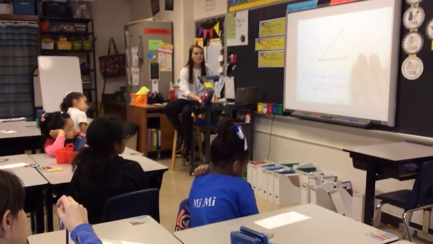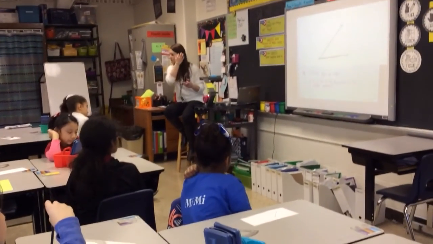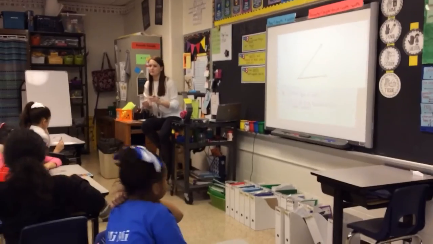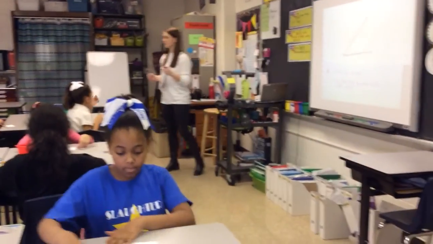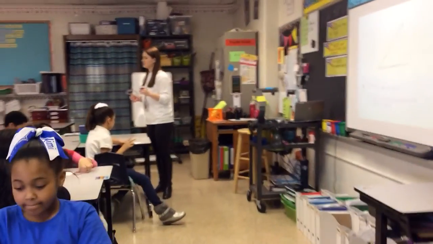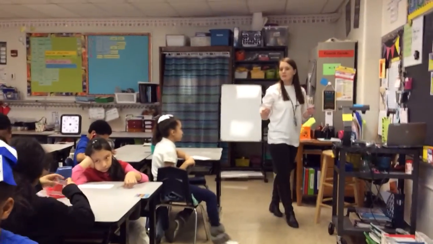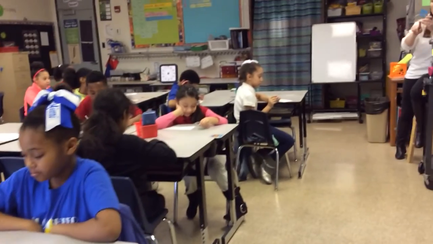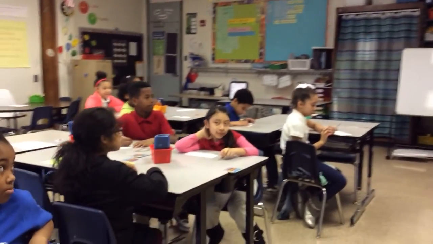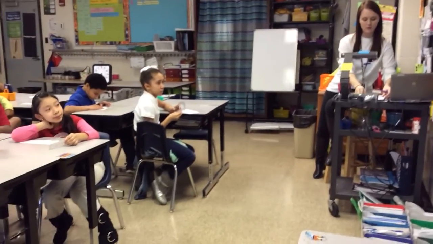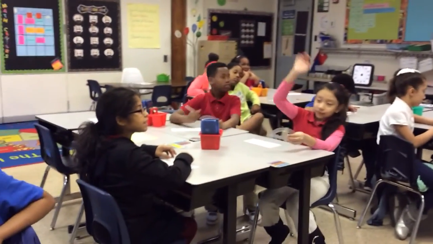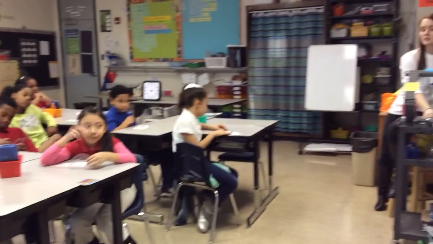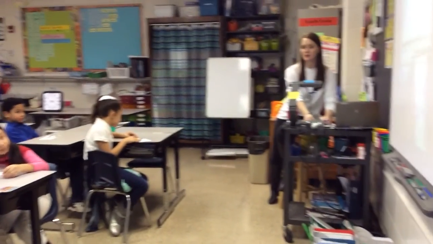So now I want everyone looking at number 1. The side that says number 1. Then, Kelly, what do I put right at this dot? When I lay it on here, what's that called? The vertex. So the vertex is right here at this dot.